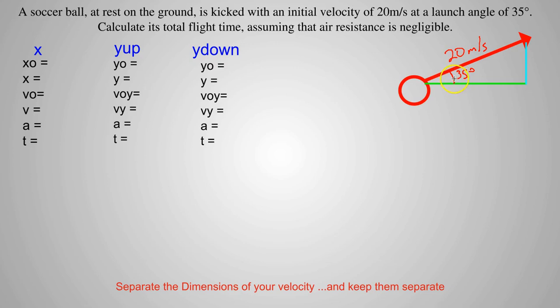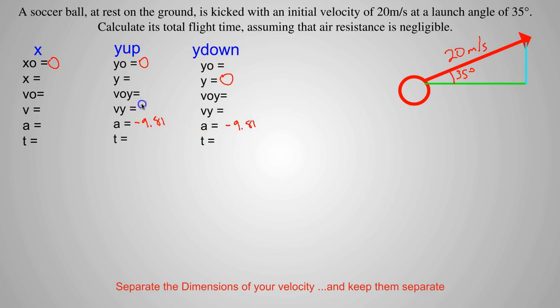All right, so let's get started, shall we? Fill in the information that I know. I know that the initial position, I'm going to give it 0. The initial position in the y direction will be 0, and the final position in the y direction will be 0 as well. All right, I know that the acceleration in the y direction is negative 9.81 in both the up and down.